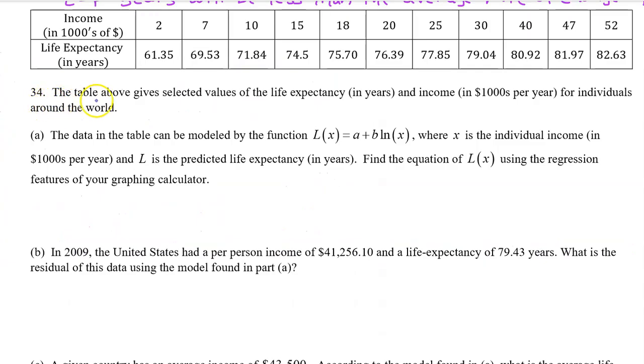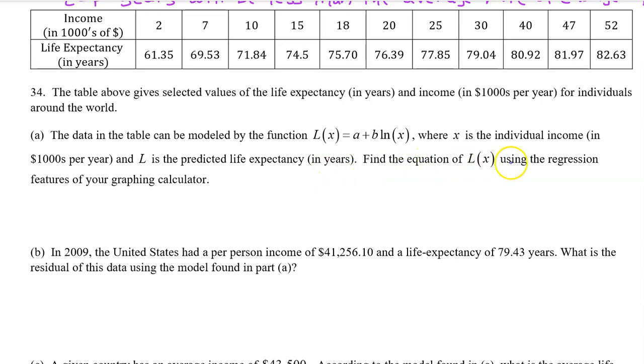Number 34. The table above gives selected values for the life expectancy in years and income in thousands per year for individuals around the world. Part A. The data in the table can be modeled by the function L of x equals a plus b natural log x, where x is the individual income in thousands per year, and L is the predicted life expectancy in years.